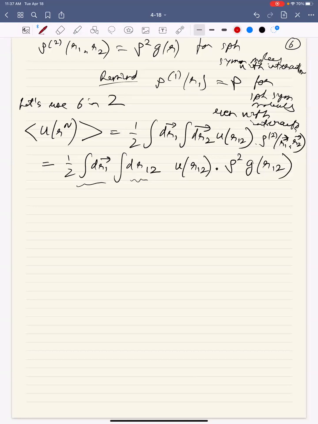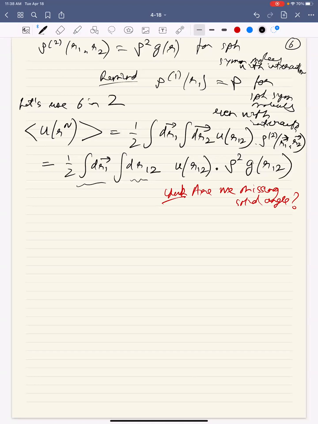I see why you're saying it, but I don't think we are, because that's accounted for in R1. It's really coming due to the structure of rho 2. But let's get back to this. For now, let's stay with this.